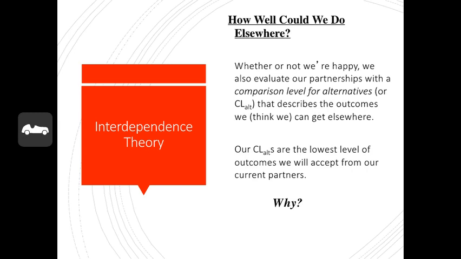What alternative partners are available, and could any of them give them even more rewards? What else could I get? And that includes with another romantic partner, or if you were alone, if you became single. Because remember, if you're single, you're not having the costs of that relationship. So, would I be better off?